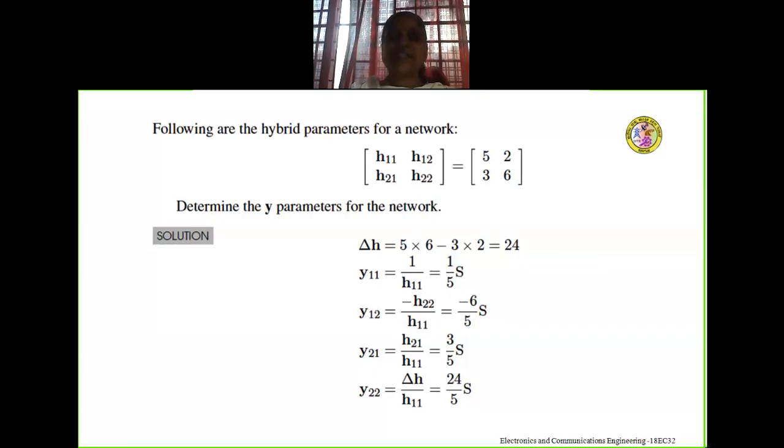So delta H should be found first, that is H11 H22 minus H21 into H12. By substituting all the parameters of H, we get delta H is equal to 24. So Y11 is given by 1 divided by H11, which is equal to 1 divided by 5.